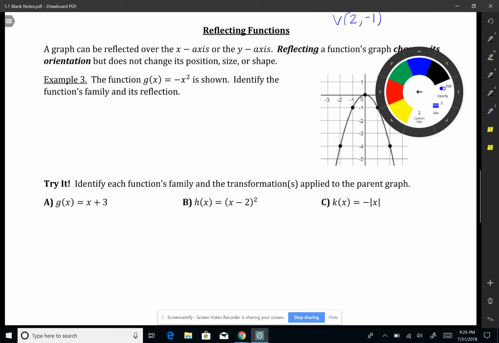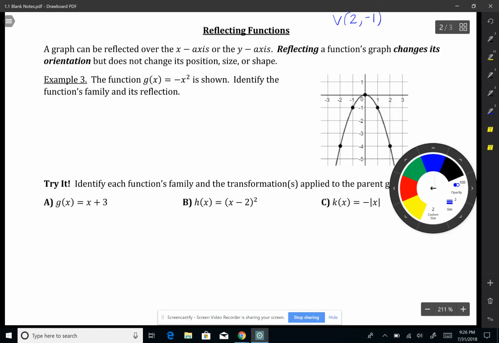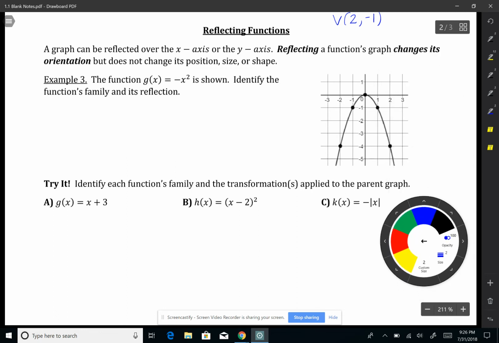A graph can be reflected over the x-axis or the y-axis. Reflecting a function's graph changes its orientation but does not change its position, size, or shape. So I have the function g of x equals negative x squared shown. Identify the function's family and its reflection. Obviously, we have x squared. This is a quadratic. And we can only say it has reflected over the y-axis or over the x-axis.